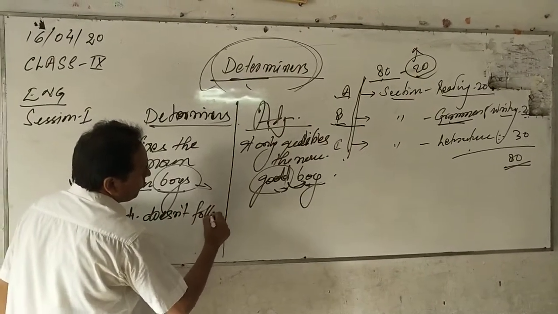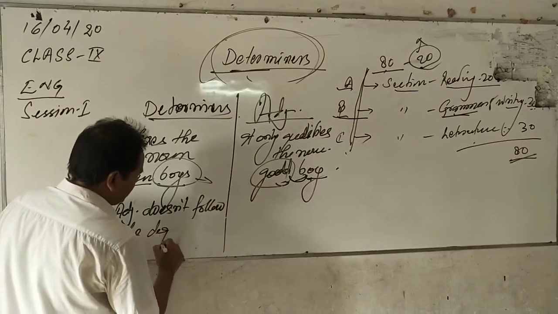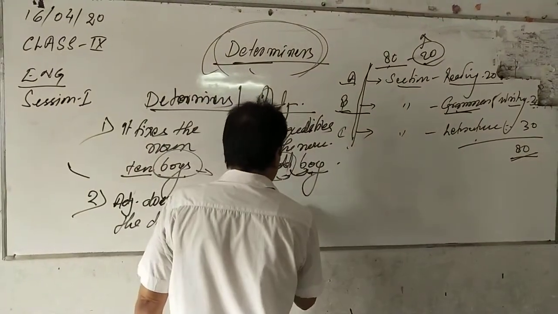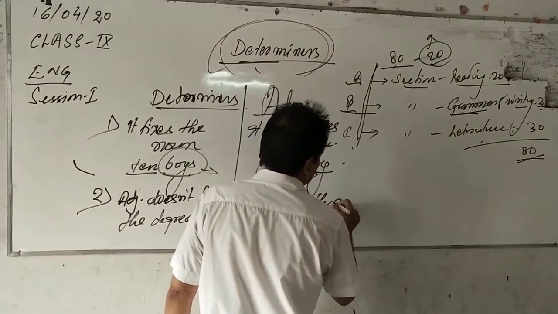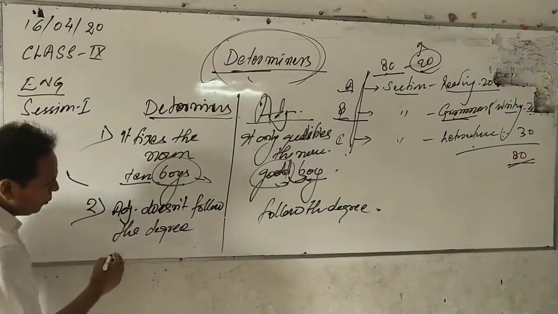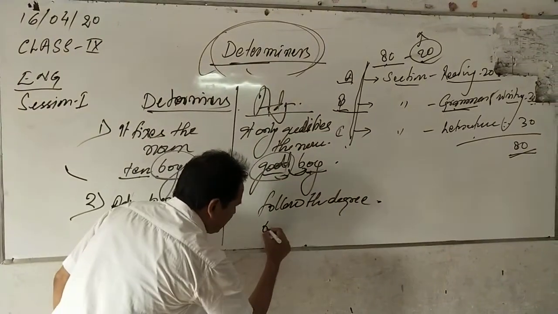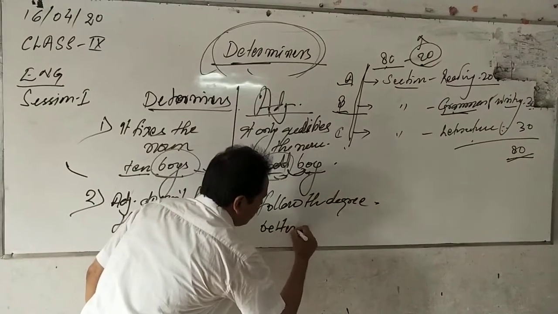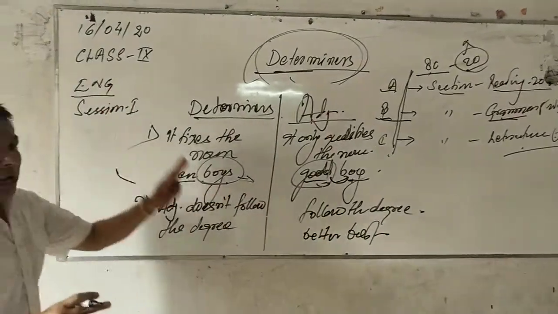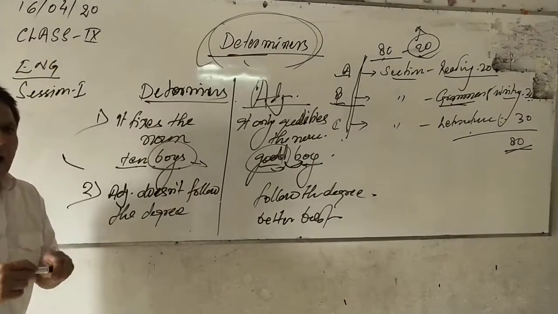As for example, we cannot write ten, tener or tenest, but we can write good, better, best. So we have to discriminate the determiner from the adjective.